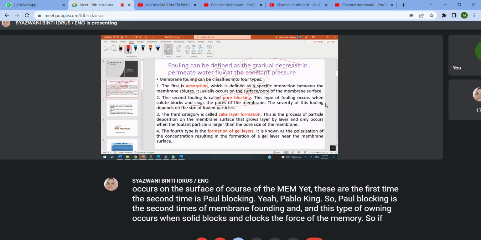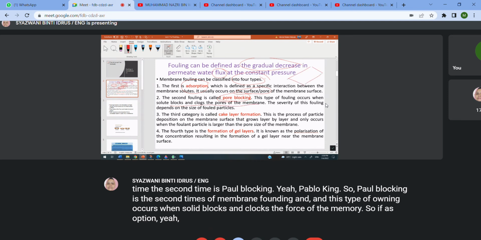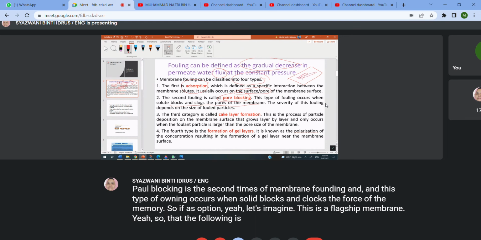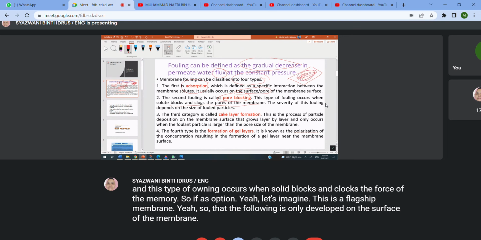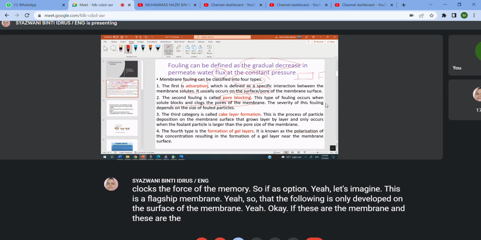So if adsorption, let's imagine this is a flat sheet membrane, the fouling is only developed on the surface of the membrane. If these are the membrane and these are the pores, the adsorption only occurs on the surface of the membrane.